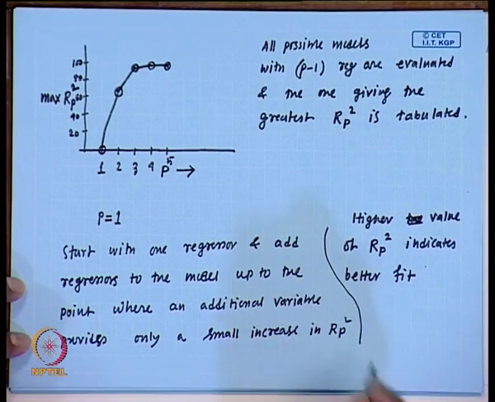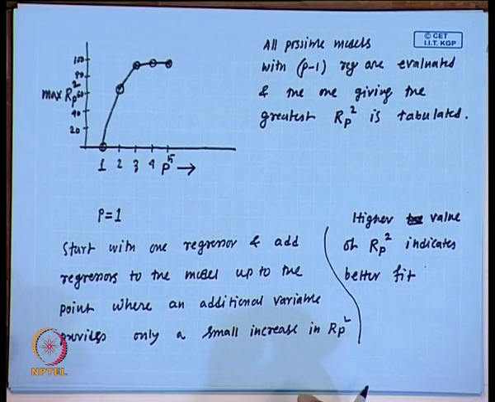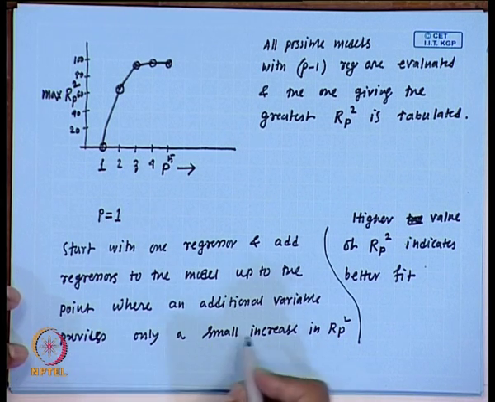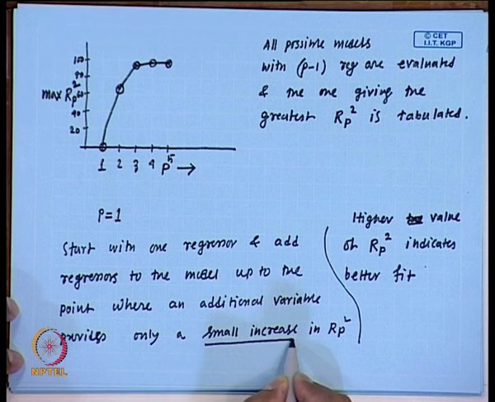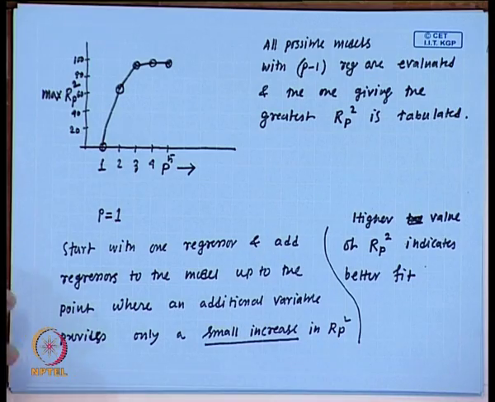So, based on this stopping criteria, this small increase means there is no specific value of this small, what you mean by a small increase.